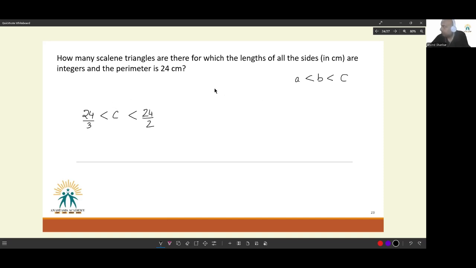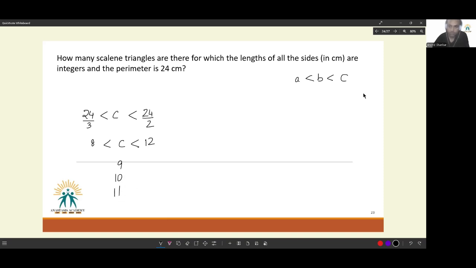Even if I were to distribute equally among all three sides, it will be 8, 8, 8. So C has to necessarily be greater than 8. And then it has to be less than 24 by 2 because the sum of any two sides of a triangle is always greater than the third side. So my C can lie in the range 8 to 12, or the acceptable values of C are 9, 10, and 11.